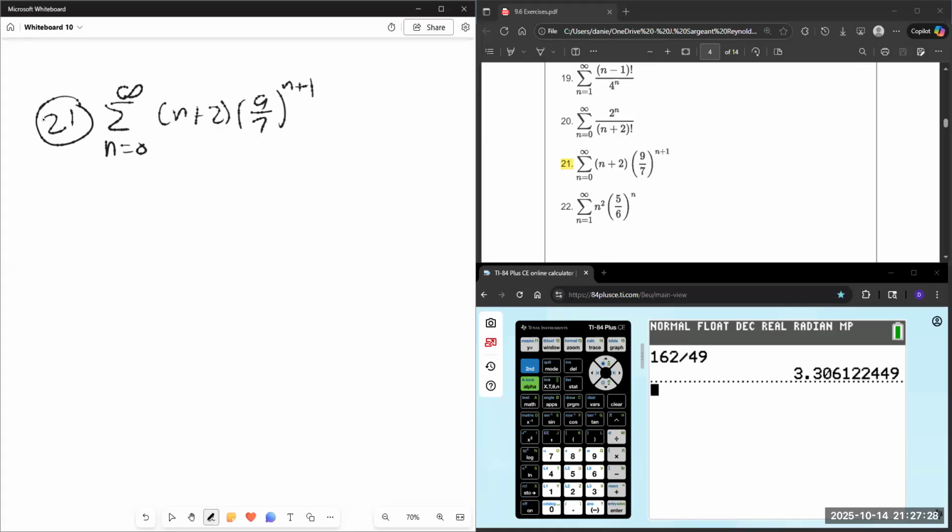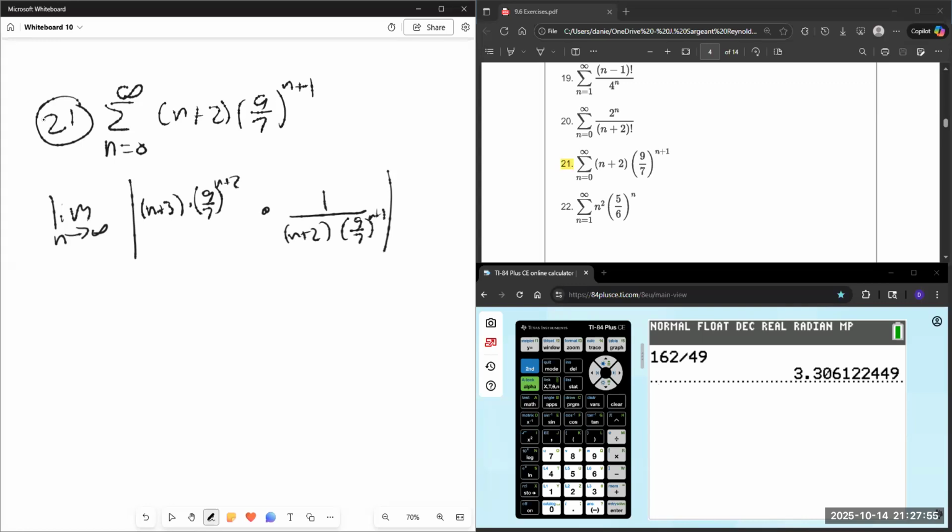So I'm going to have the limit as n goes to infinity of the absolute value of, add 1 to all of the n's here, (n plus 3) times (9/7) to the n plus 2. It's the reciprocal here, so n plus 2 goes in the denominator, over (9/7) to the n plus 1.